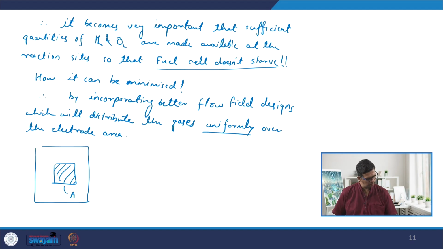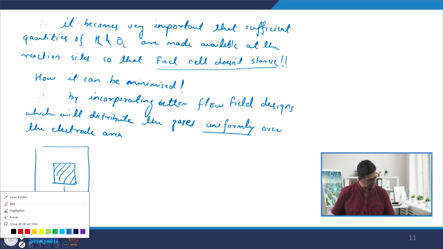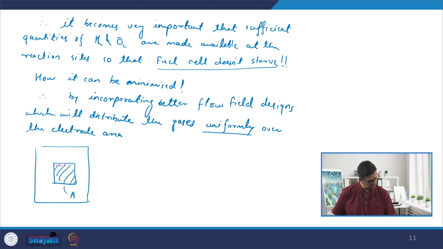Now, theoretically all these reaction sites, there are infinite reaction sites, or not infinite, at least there are many reaction sites, because all these reaction sites are nothing but the catalyst nanoparticles that are present, and if all these reaction sites receive the gases, then only there is a possibility of having those reactions at the respective reaction sites, and that is why it is very important to make sure that these gases reach each and every corner of the electrode, and that is possible only when we employ good flow field designs.